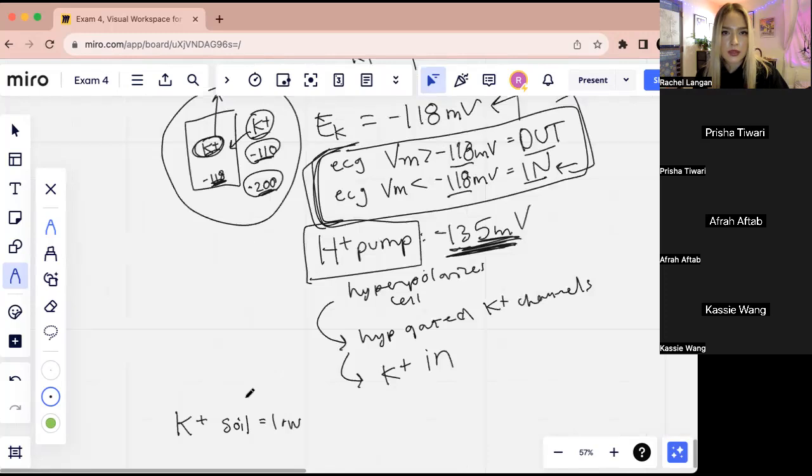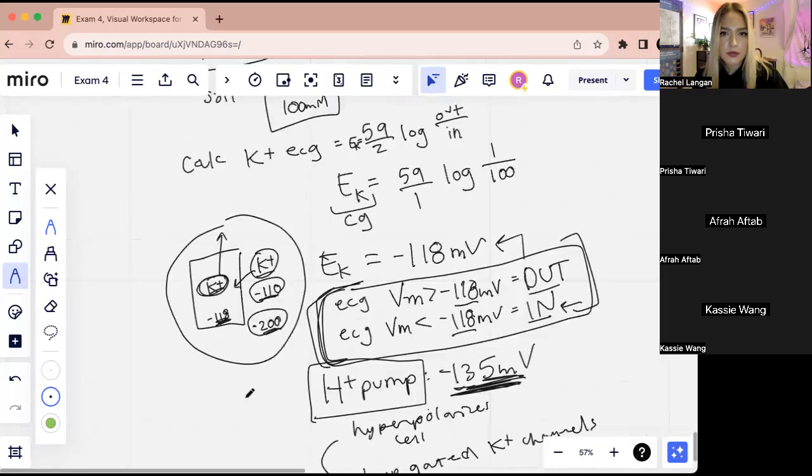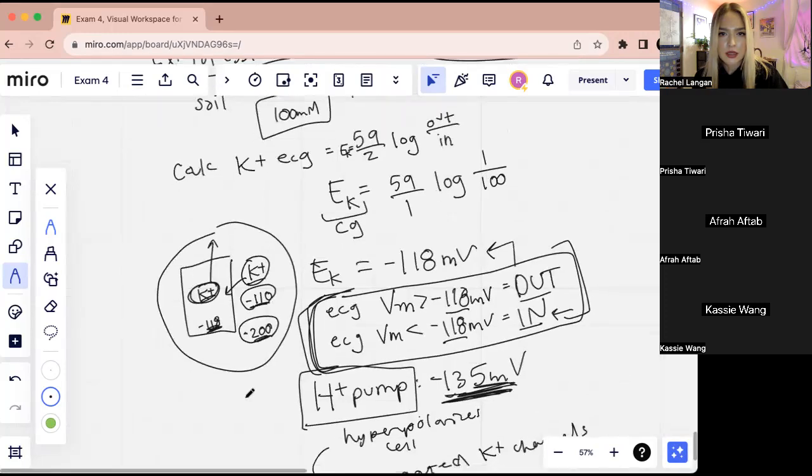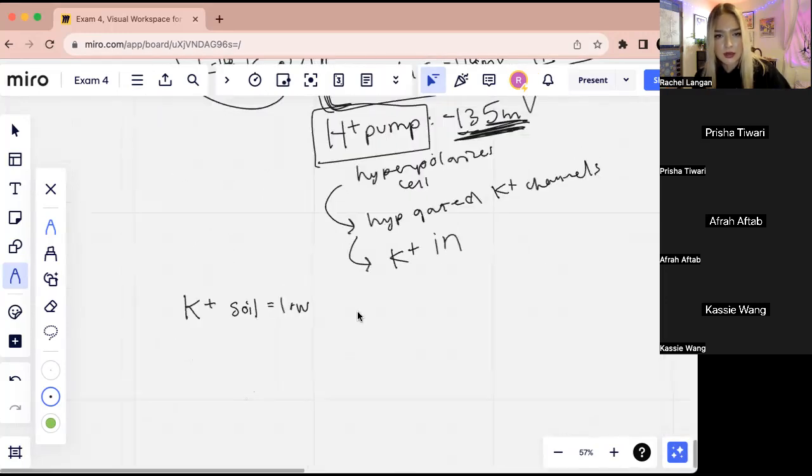So before it was 1 out and 100 in. Let's say it becomes like 0.001 out and 100 in.